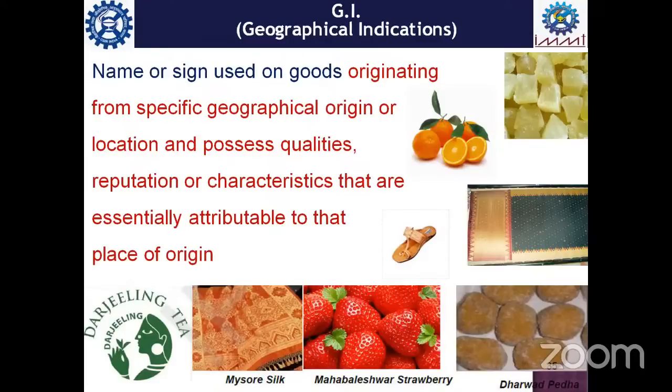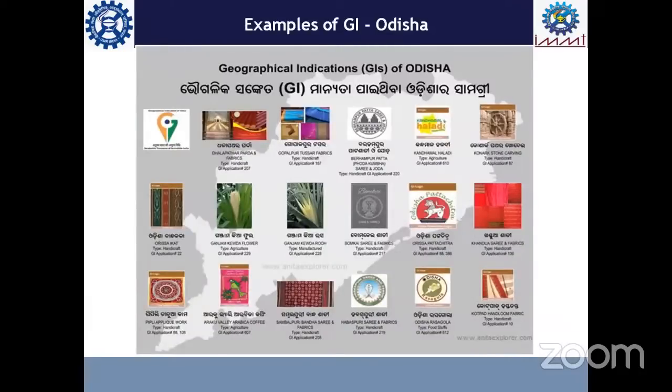Of course, every state in India has some geographical indications. If you ask me about Odisha, here is the list: Kandhamal Haldi, Pattachitra, Odisha Rasagulla, right? Konark stone carvings, Sambalpuri saris, all these are examples of geographical indications from Odisha.